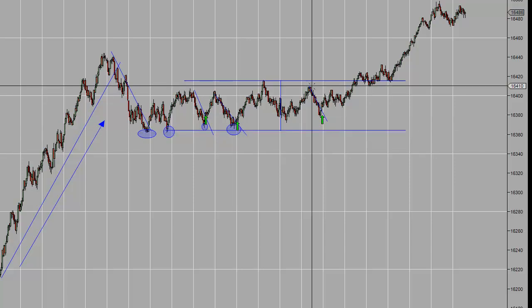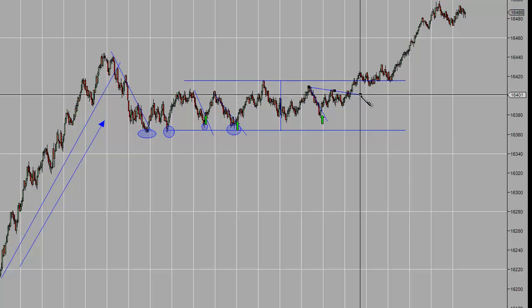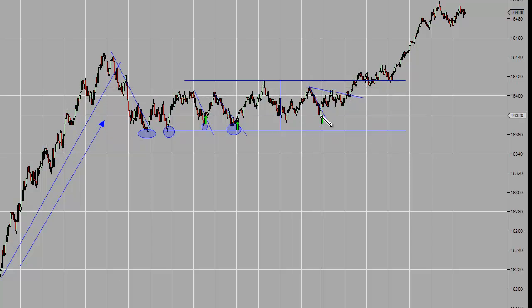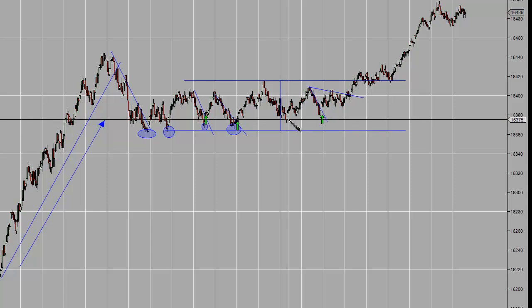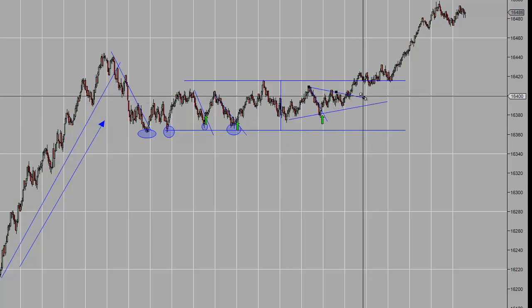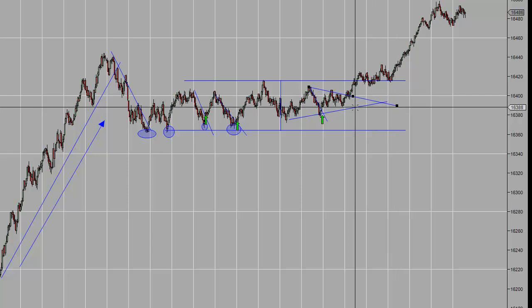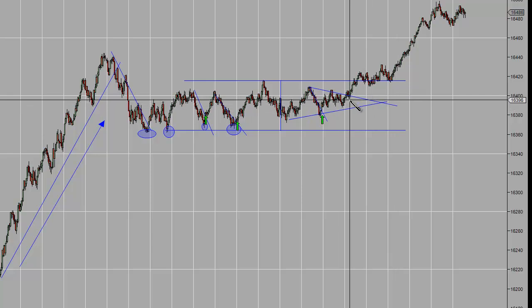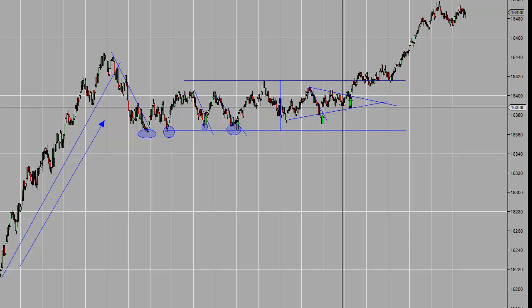Where I actually ended up getting long was using the combination of that trend line break as well as this approach here, where I drew in what I saw to be a very nice apex wedge, or an apex triangle. I ended up getting long here based upon this trend line breaking, with my stops below this level here.